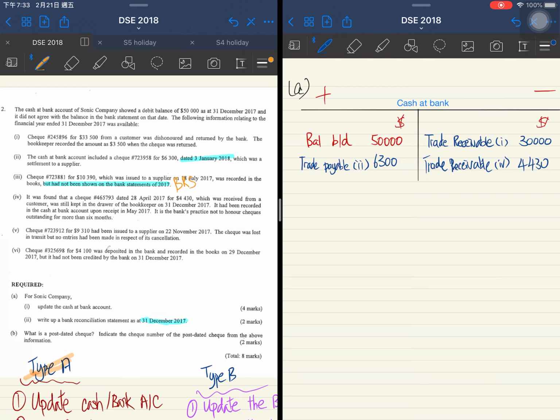So number 5, check 723912 for 9,310 had been issued to a supplier on 22nd November 2017. The check was lost in transit, but no entry had been made in respect of its cancellation.